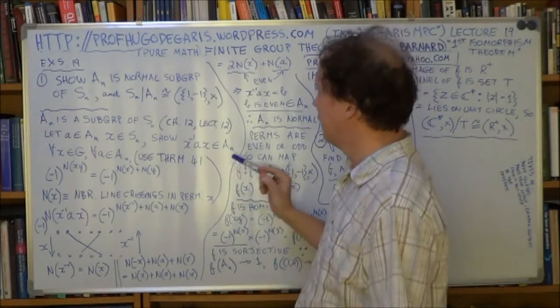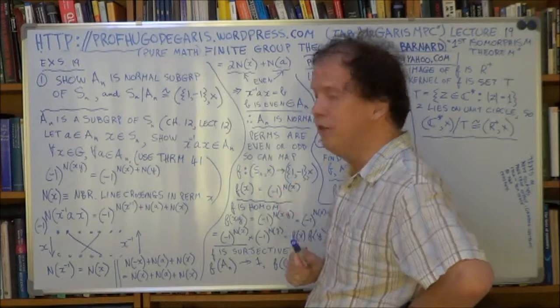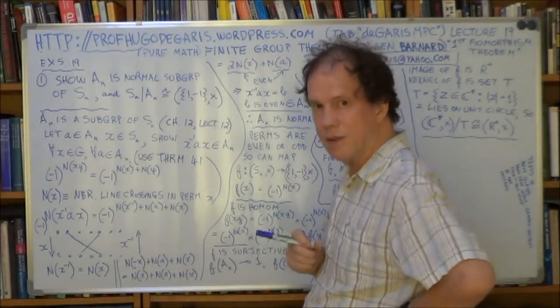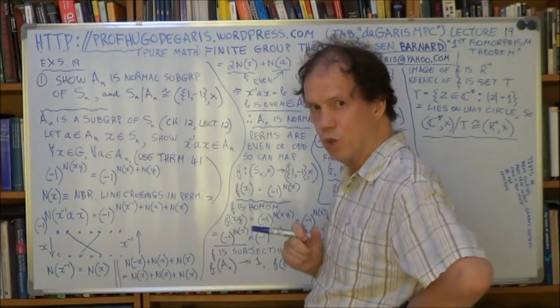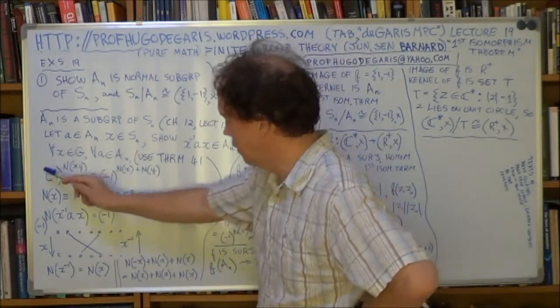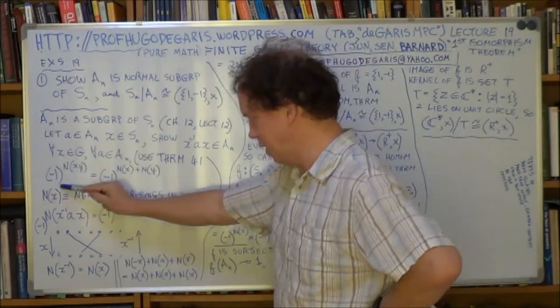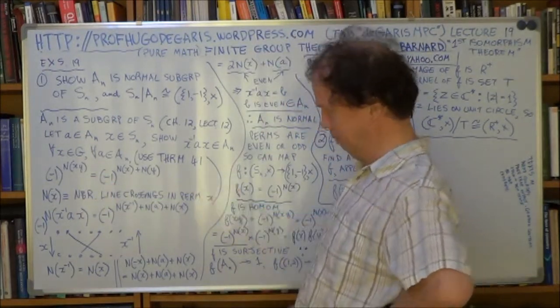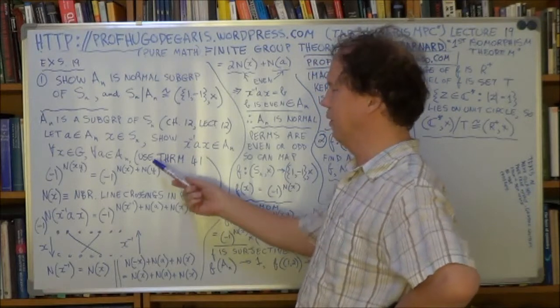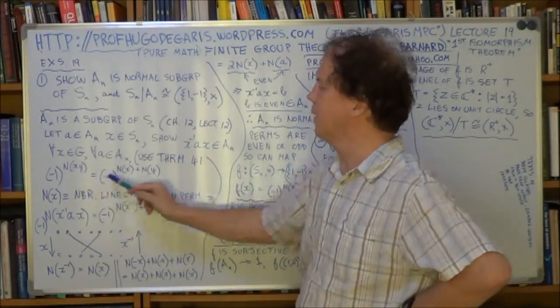Now, how to go about doing that? Well, there's a very powerful technique we talked about in chapter 12, which was theorem 41, and here I've written it out again to remind you. If you're a bit rusty, go back and study chapter 12 again, especially on this part.